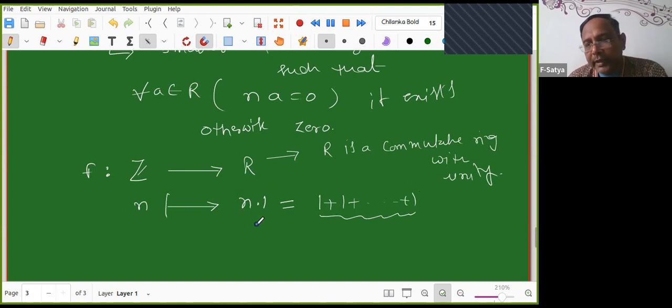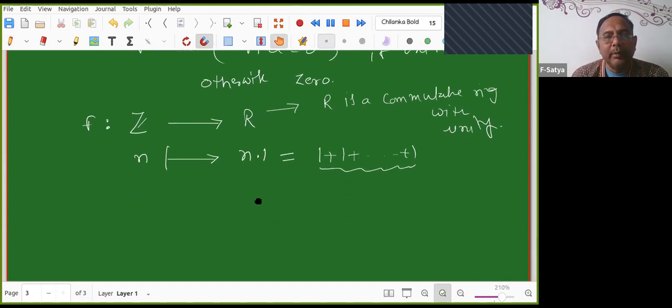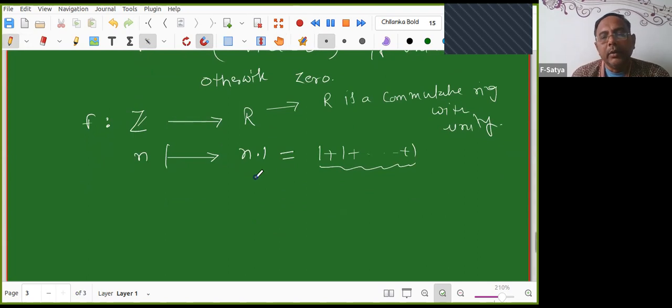If you know modules, every abelian group is a module over Z, that is what is happening here. But if you do not know modules, don't worry about that. So this is the way we do it: n times 1 goes to one of the elements of R.